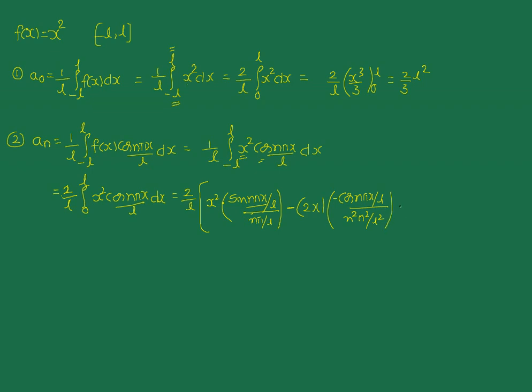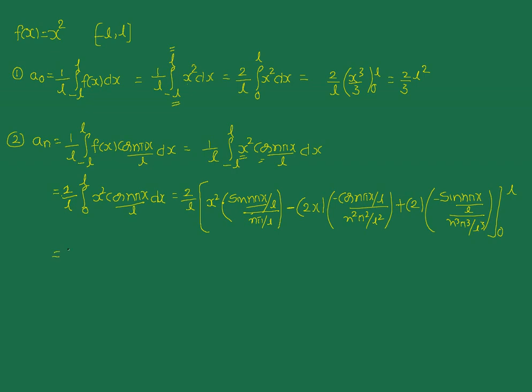Next 2x differentiation, 2 into, so cos n pi x by L integration is sin n pi x by L by n cube pi cube by L cube. So the limits are between 0 to L.